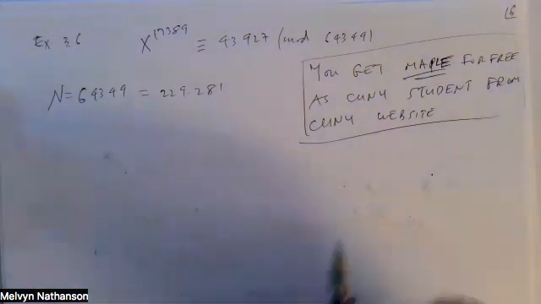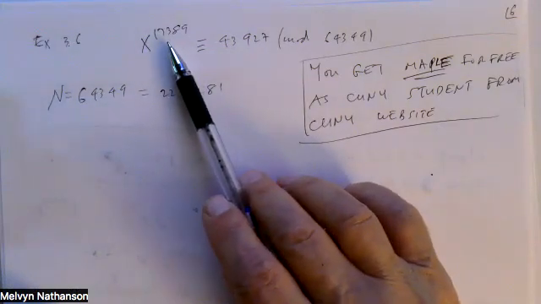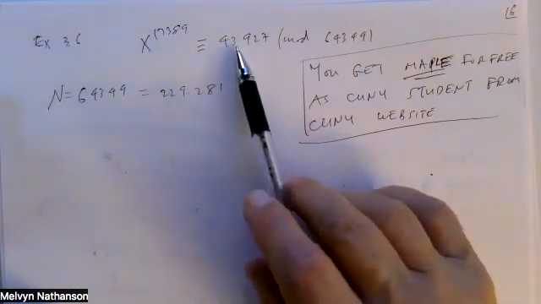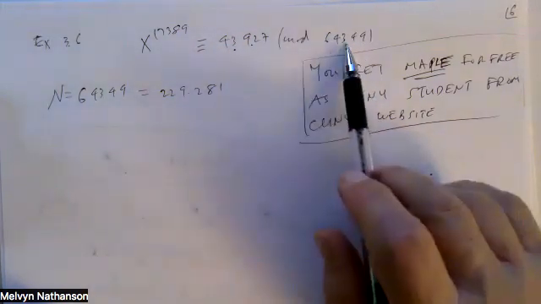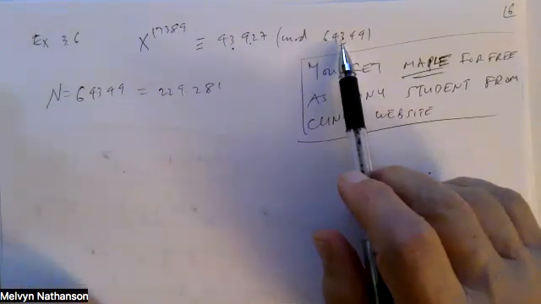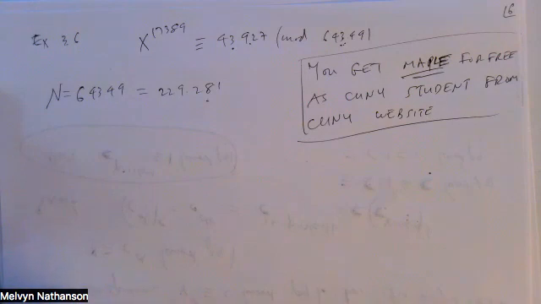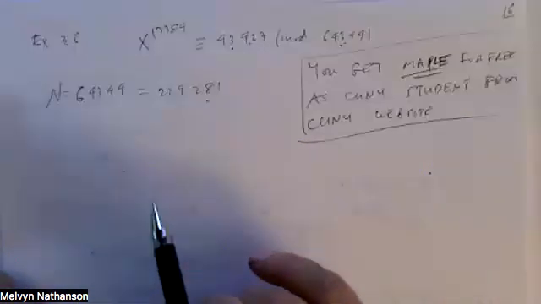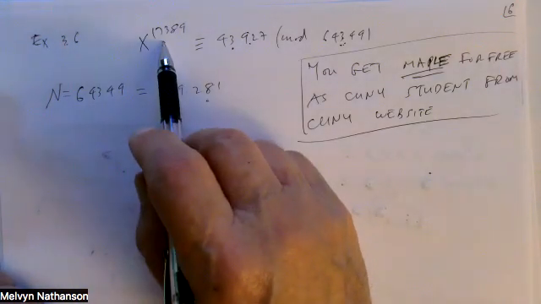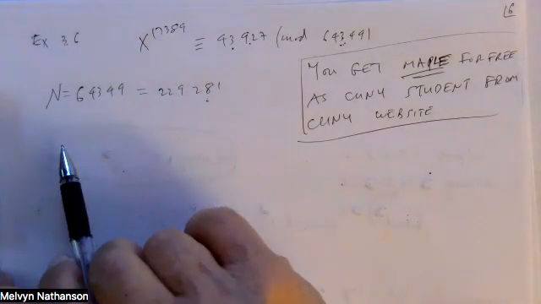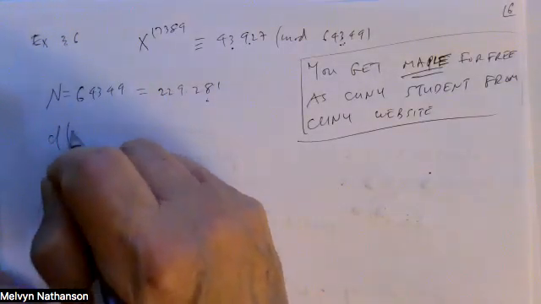I'm interested in solving this congruence, x to the power 17,389, congruent to 43,927, modulo this very large number, which is a product of two primes. And the first thing to do is to solve the congruence. So what is phi of n?